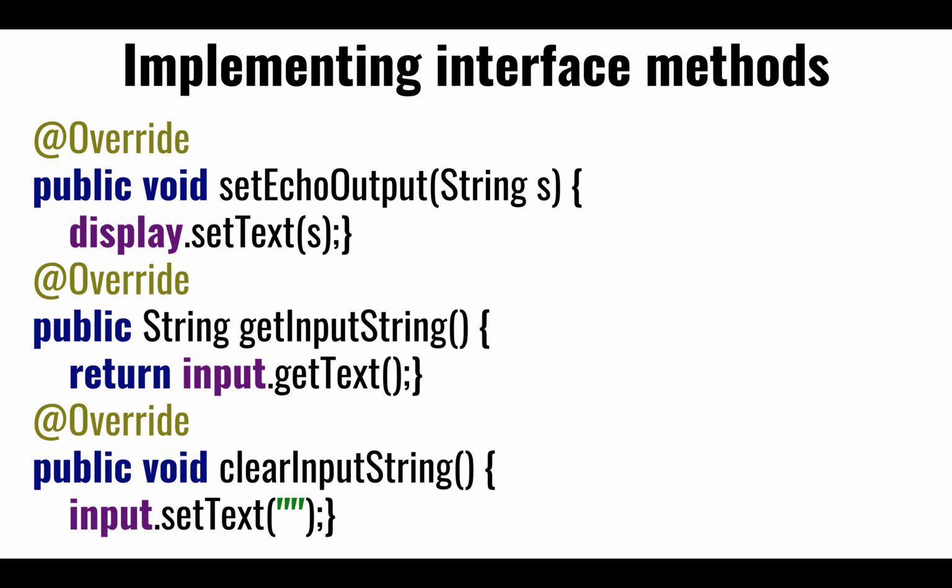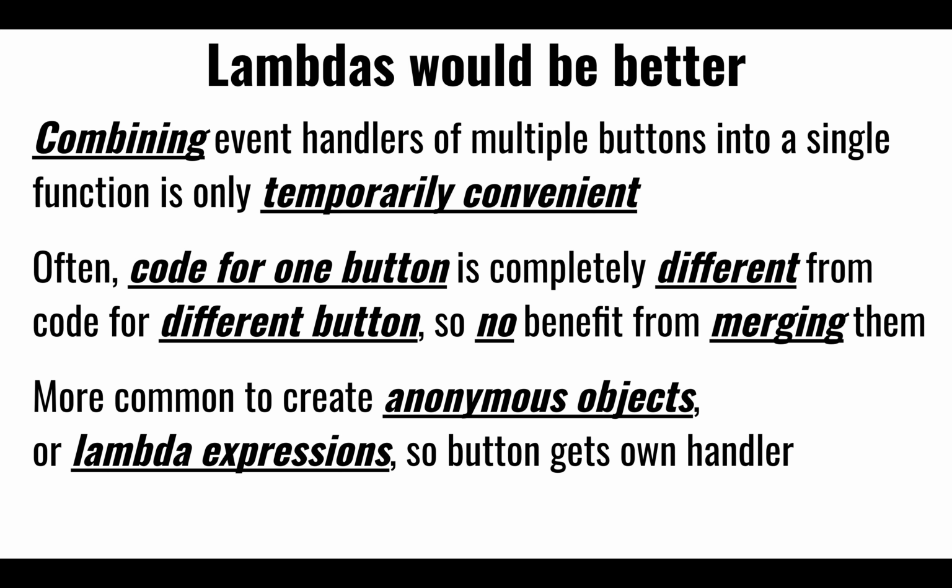They can either set echo, which is going to update the label on the left-hand side as we type and click on echo, or retrieve the input string from the text input field, or reset it and clear it, empty it out so that it's ready for the next use. So these are the three that are declared on the IView. We'll come back to this a little later.